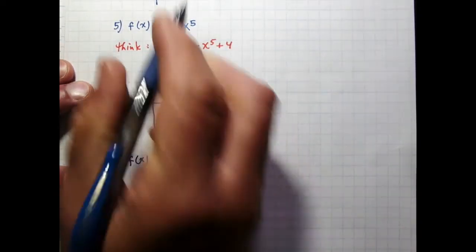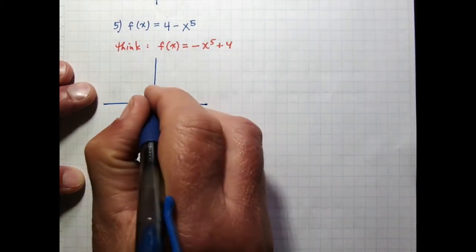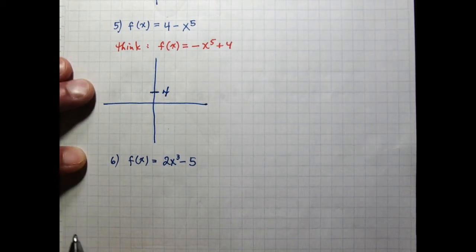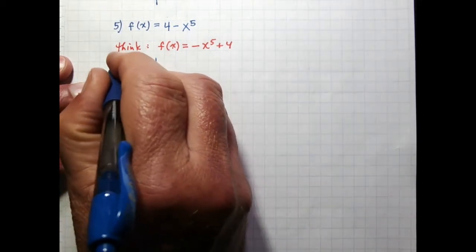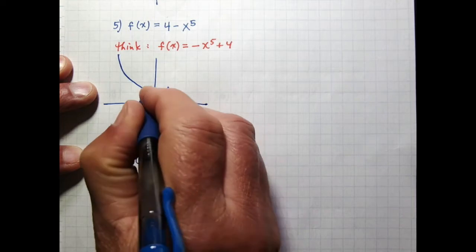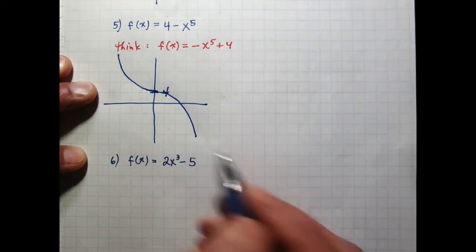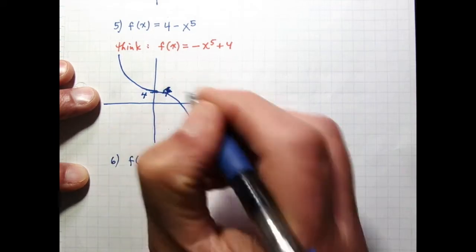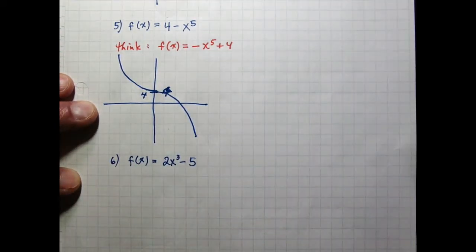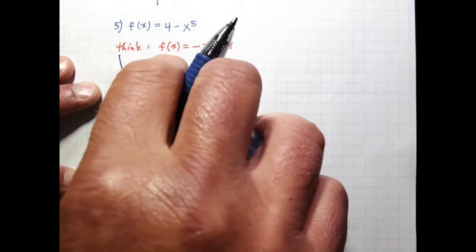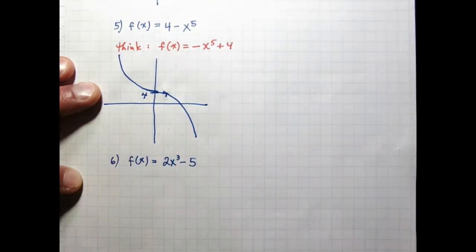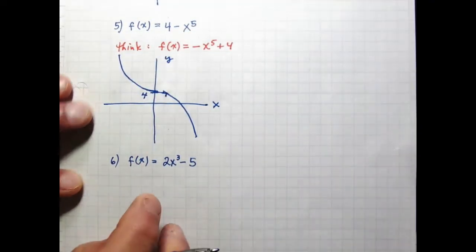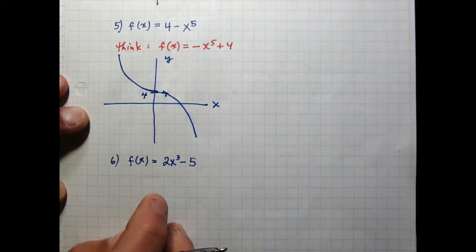So I'm going to take that shape from the previous exercise, and I'm going to label 4 here on the y-axis so that I can draw this graph coming down and going through its wiggle. And again, let me make that 4 stand out a little better there. That's really all we need.